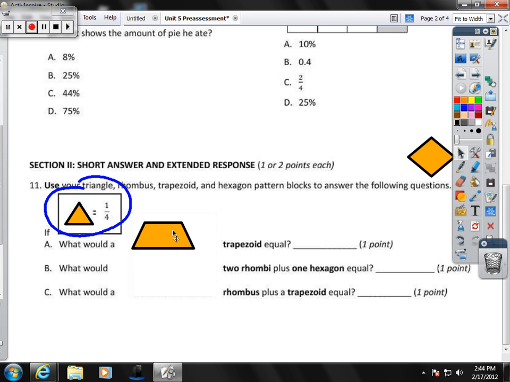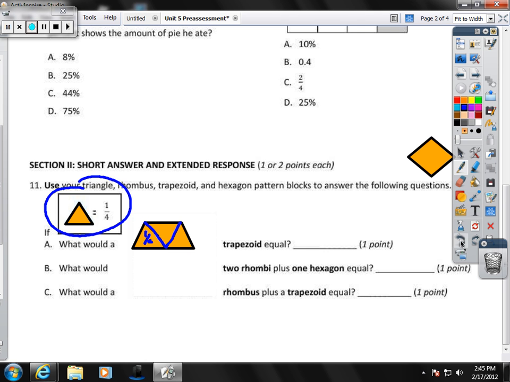Although this one's not necessarily drawn to scale, basically what you're going to want to do is take your triangle and lay it over top of your trapezoid, and it ends up looking something like this. So my trapezoid can be broken up into 3 triangles, where this one is a 1/4.